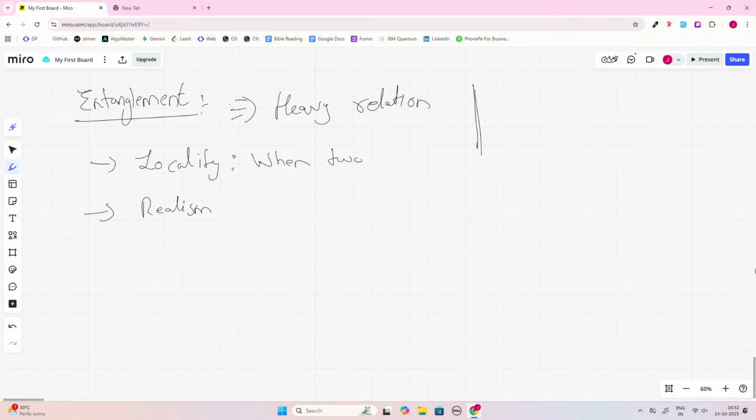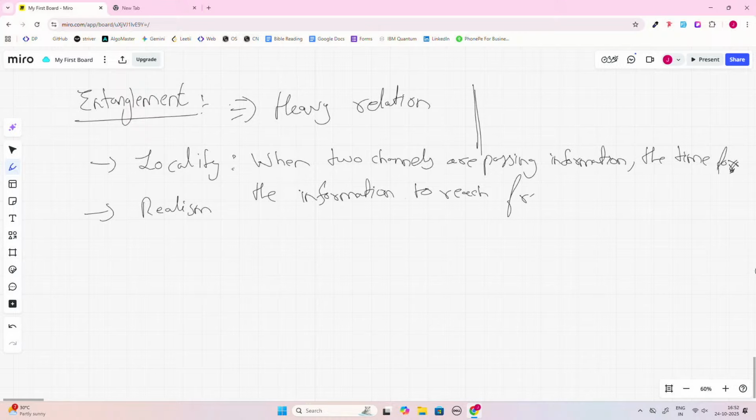When two channels are passing information, the speed, or I can say the time for the information to reach from one channel to another channel, from A to B, depends on the distance between A and B.